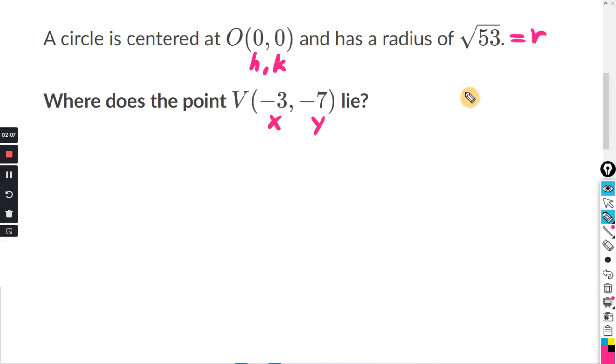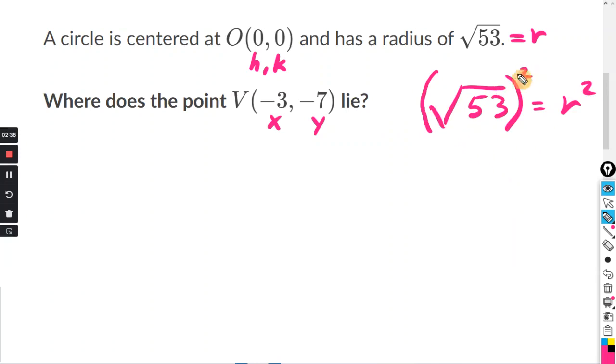If r is radical 53, just square both sides: radical 53 equals r, and squaring both sides, I square this whole thing and square the r.